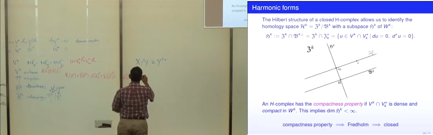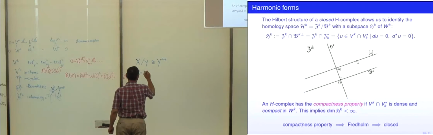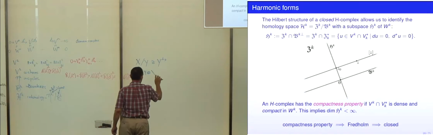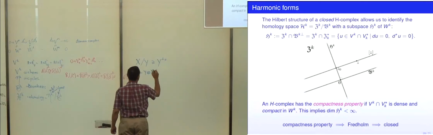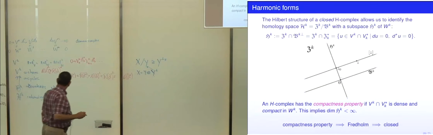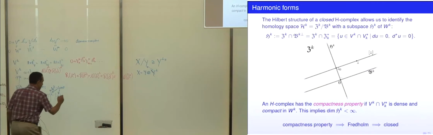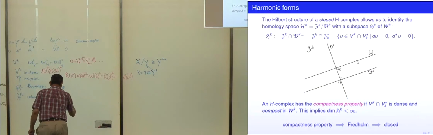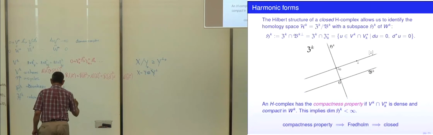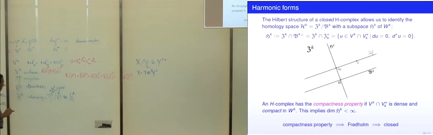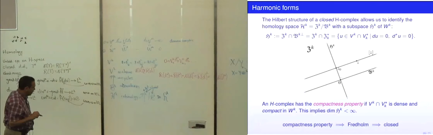So the space X breaks up, of course, as Y plus Y complement, using this orthogonal plus symbol, and this is isomorphic to X mod Y. So we're going to apply that over here, and we're going to define a space called script fraktur H^k.